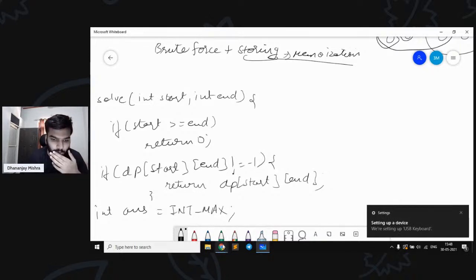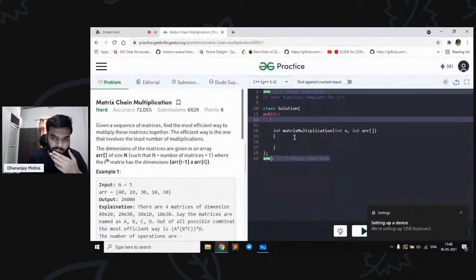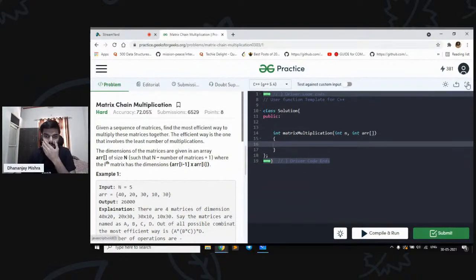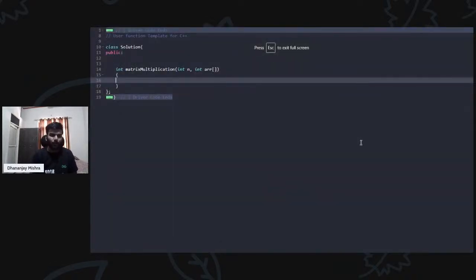Okay, so this was our question. Moving further, first of all, we were calling a recursive function, and the parameters we passed were our array, 1 as the start, because as we discussed, why 1 and not 0, and the end will be n-1.